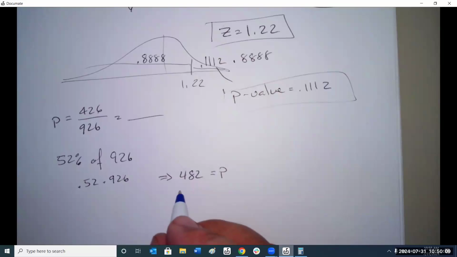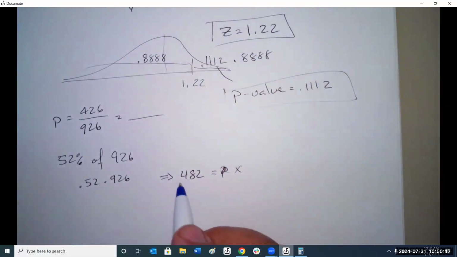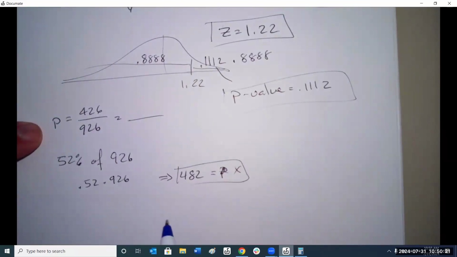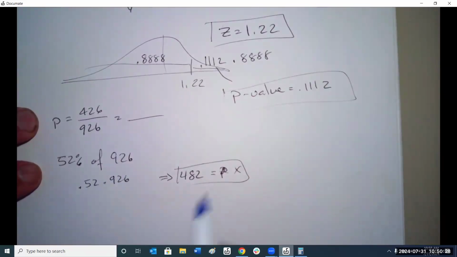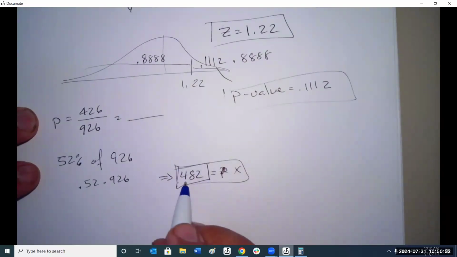So this is what our P would be. The 482 is up in our sample size, because these are the people who wanted it. So the proportion of 52% of the people who favored multiple factor authentication constitutes 482 people.